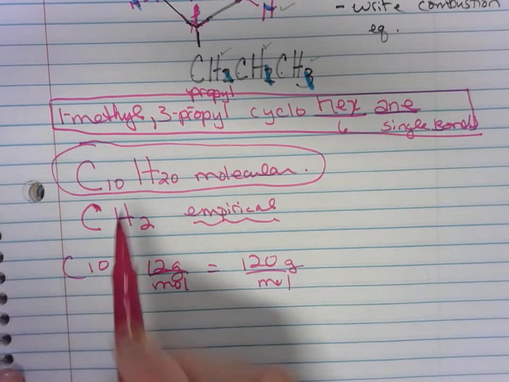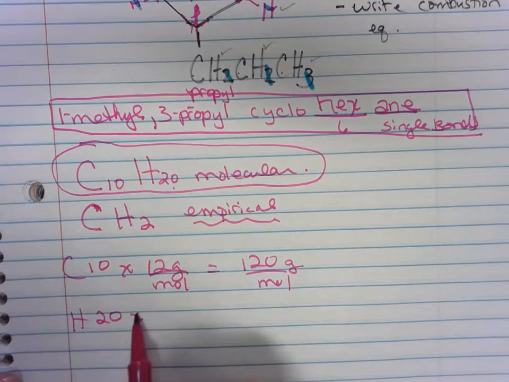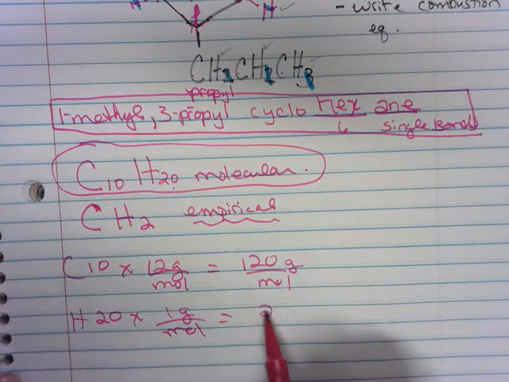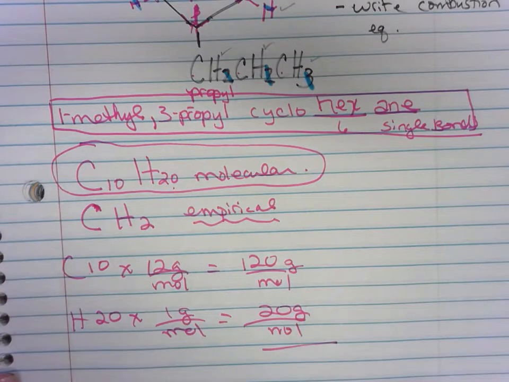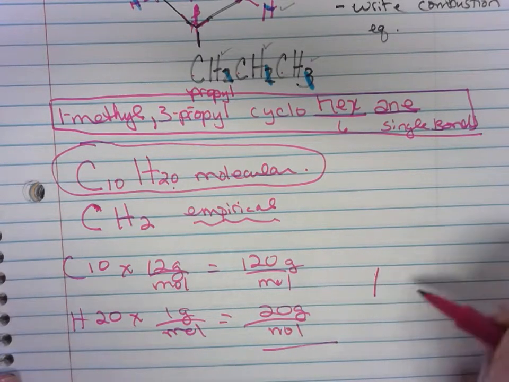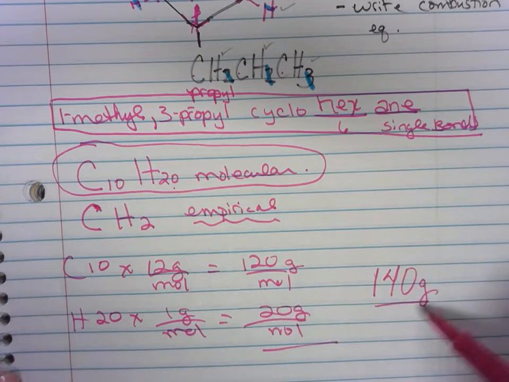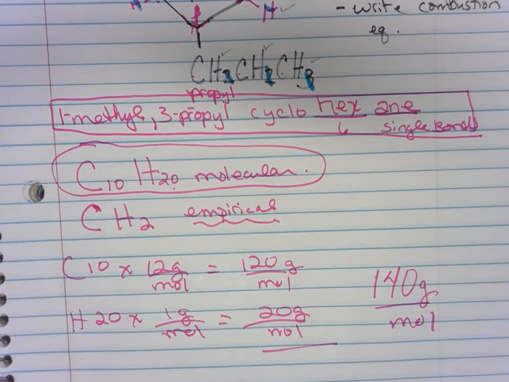We've got 20 hydrogens times 1 gram per mole gives me 20 grams per mole. Add them together, total gram molecular weight 140 grams per mole. Okay, so that's my molecular mass, my molecular weight.